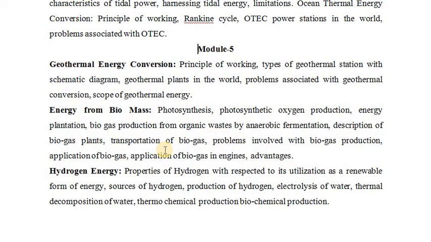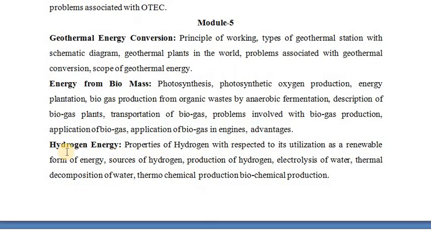And the last one is hydrogen energy: how you are going to generate hydrogen and how you are going to store it. Nowadays hydrogen is a very powerful energy source, but one difficulty we are facing is that the storage of hydrogen is very difficult.